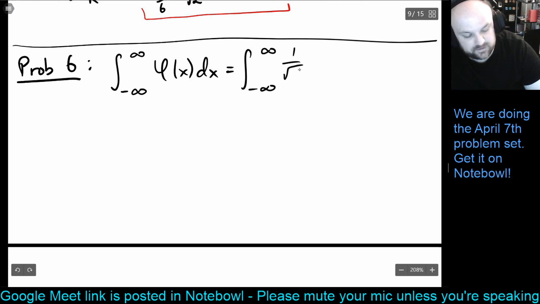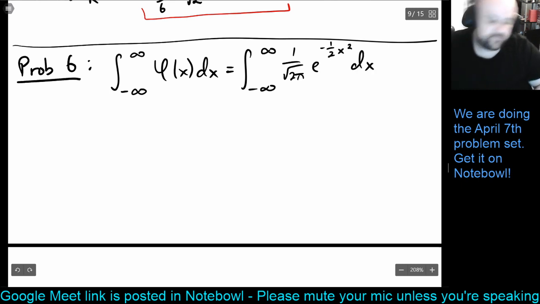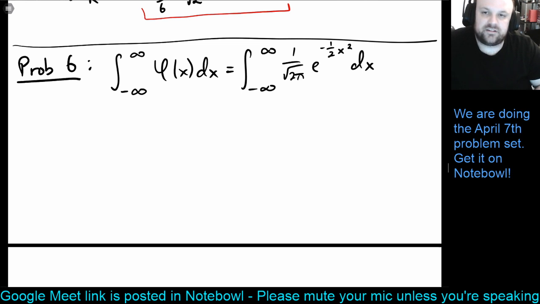This is 1 over square root 2 pi e to the minus 1/2 x squared dx. So, try as you might, even ignoring the bounds there, there's no way to do this integral, right? This x squared in here, and there being no x out here, there's nothing we can do. We're sort of stuck with this.